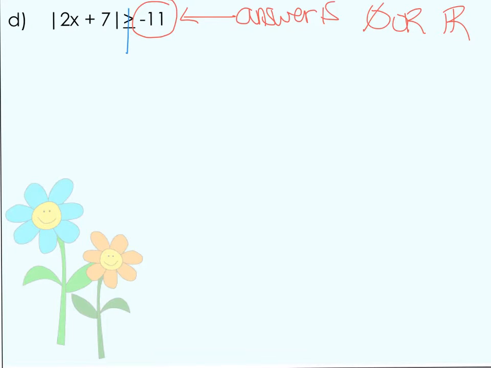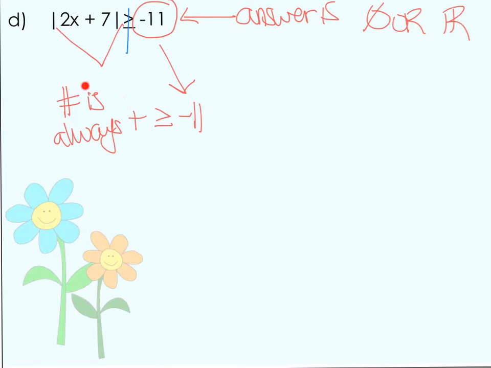Okay? All right, let's think about this. Again, the absolute value, this number is always positive. So if I want that to be greater than or equal to negative 11, could this ever happen?